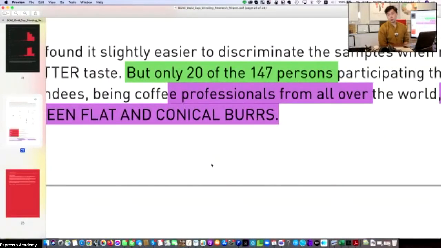Only 20 people out of 147. That's it. Only 20 people were able to find the right odd cup, like, this one is different. I think it's pretty much a lucky guess.